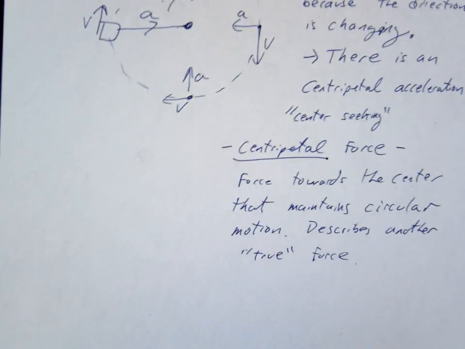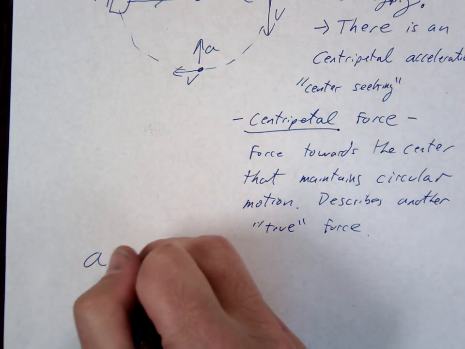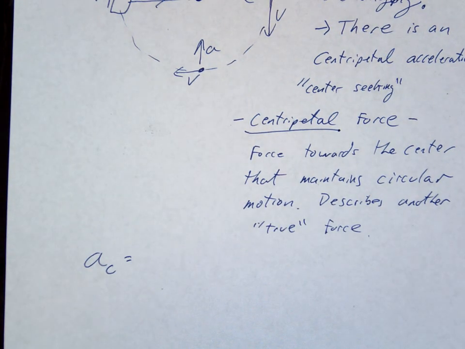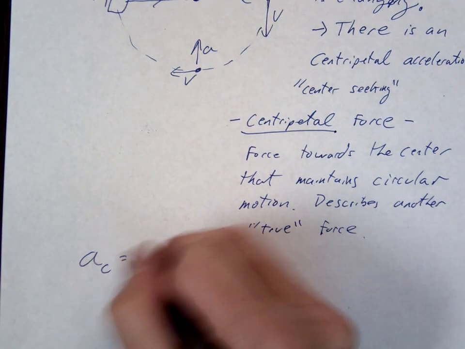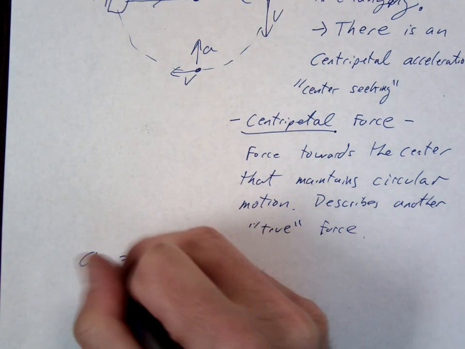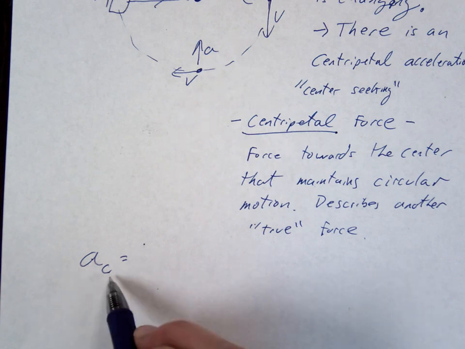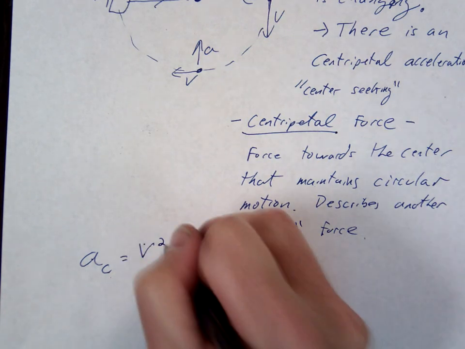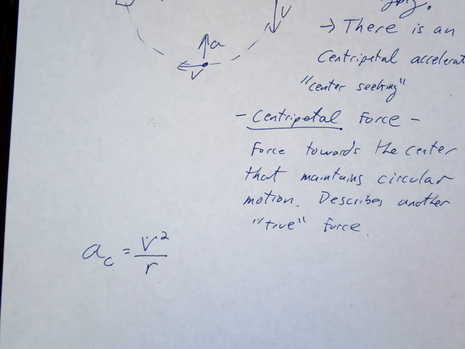All right, let's look at some of the equations here. The acceleration equation, I'm not going to derive it for you. I think your book does, so if you want to see the derivation, you could go ahead. So a sub c just stands for centripetal acceleration, or if you want, you can think of the c as circular acceleration. This equals v squared over r.